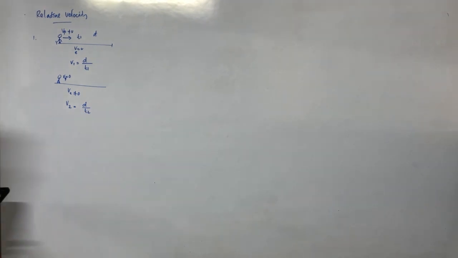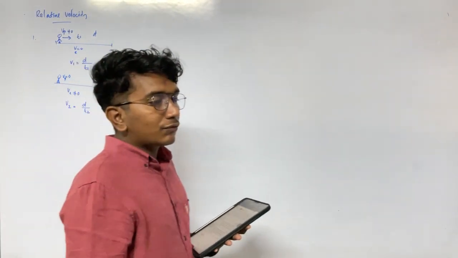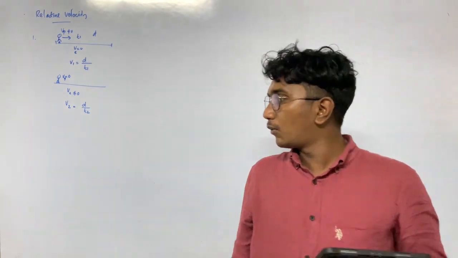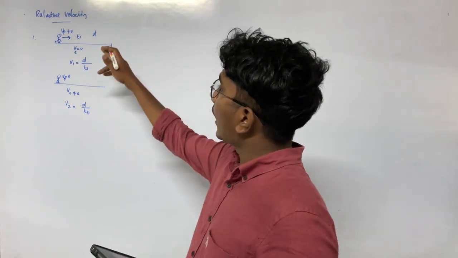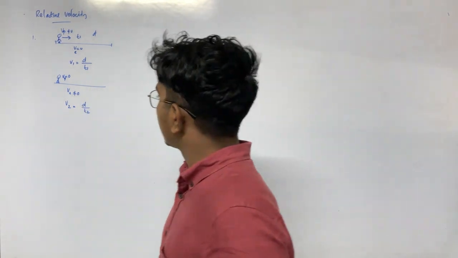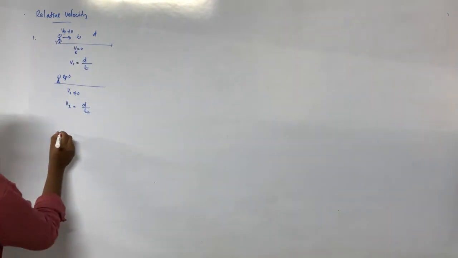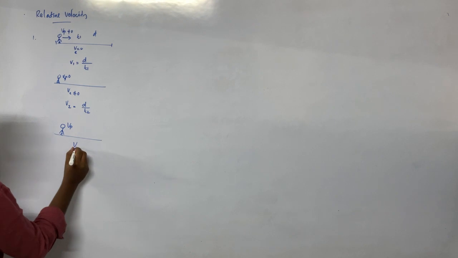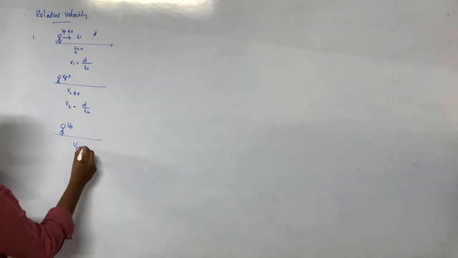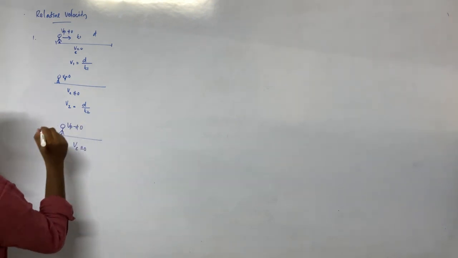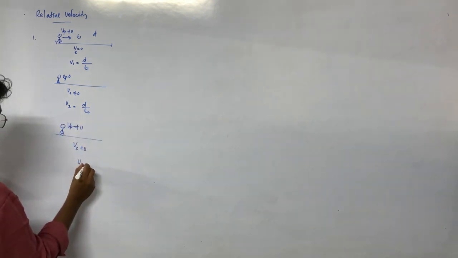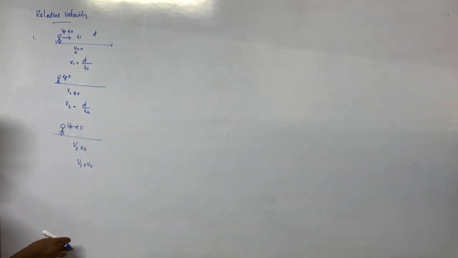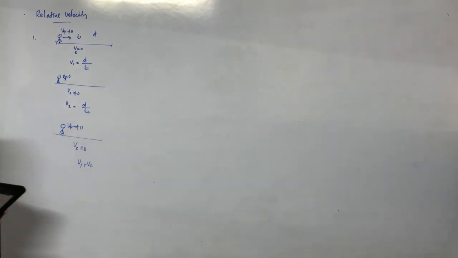We know that when both V1 and V2 are there, that is V Preeti and V escalator, both are not equal to 0, then the total velocity will be V1 plus V2 or V Preeti plus V escalator.